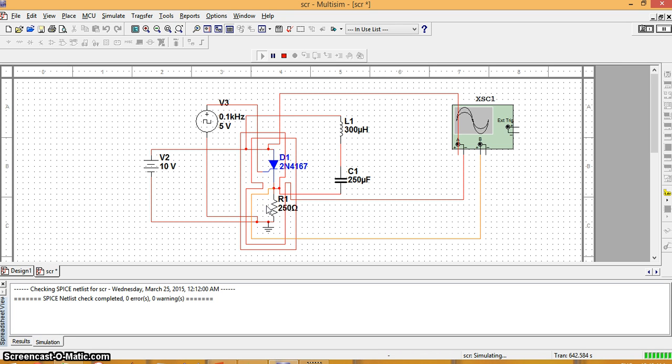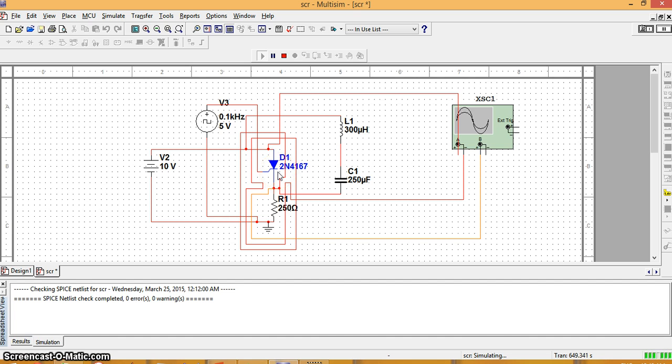So let me explain how commutation actually takes place. Initially, as soon as the supply voltage EDC is supplied, the capacitor C starts getting charged, with its upper plate acting as positive and the lower plate acting as negative, and it continues to charge up till the supply voltage EDC.